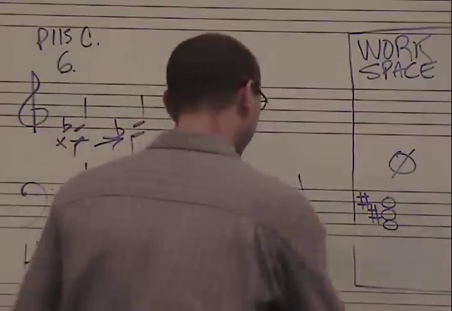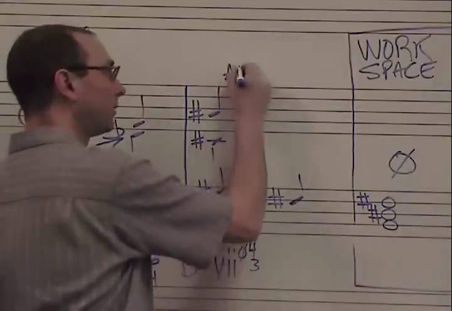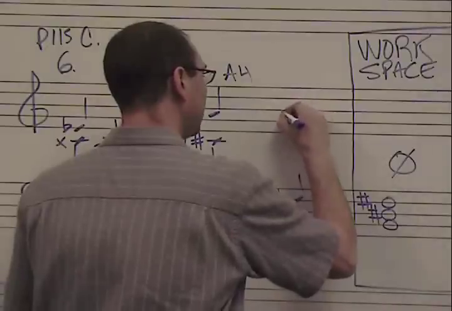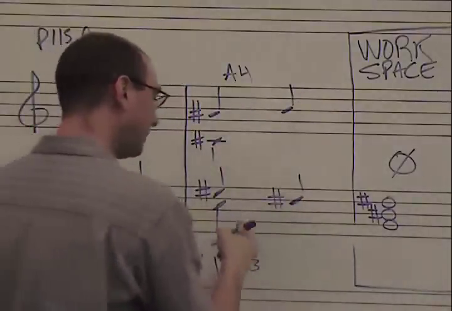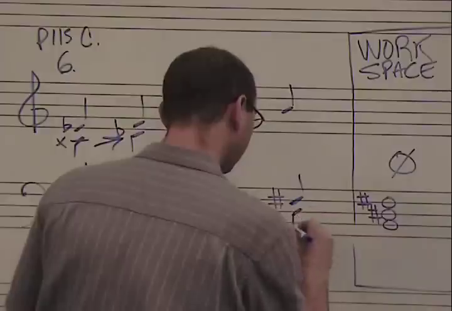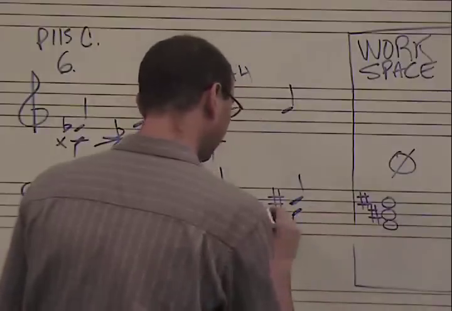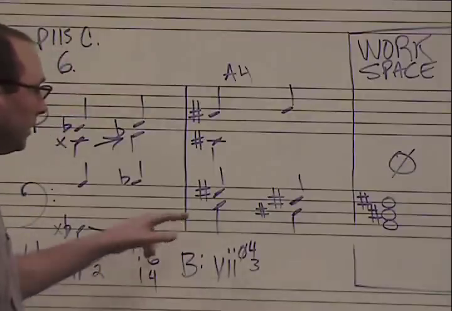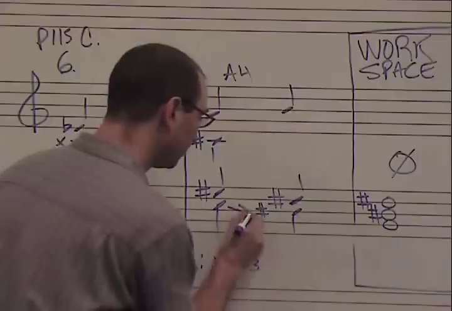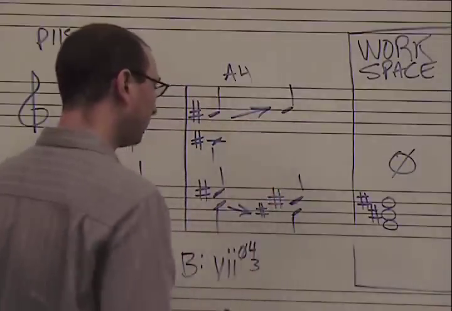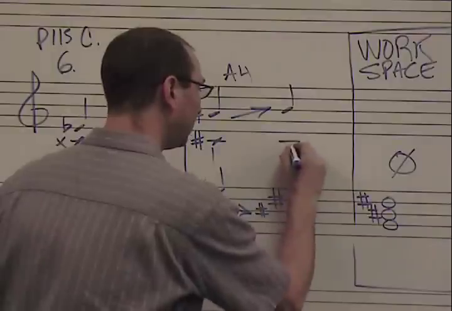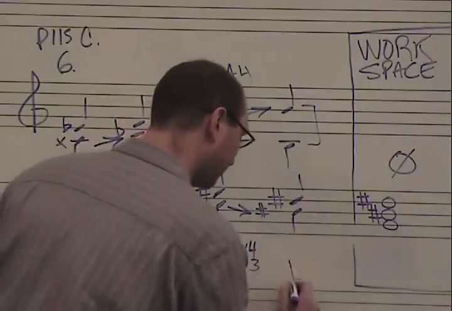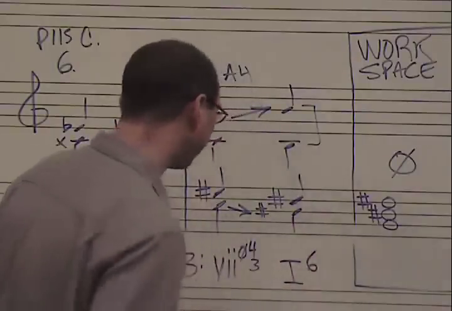That means that the tritone is an augmented fourth. Remember, augmented fourths resolve out, just like on the last example. So I'm going to resolve A sharp up and E down. Now the tritone is resolved outwards. Next, double the soprano. The chord that results is in first inversion, 1, 6.